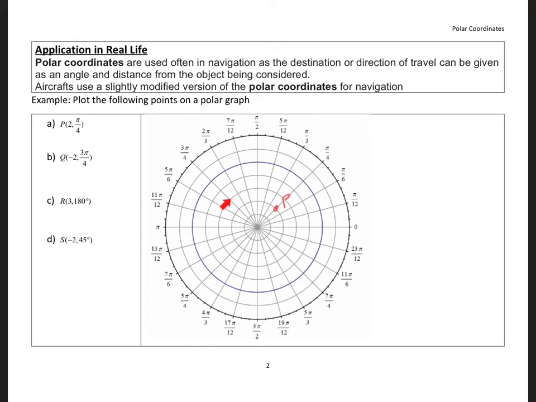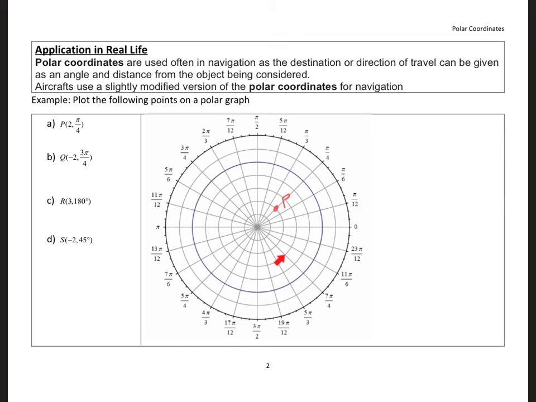So the radius is 2, 1, 2. But instead of going in the positive direction for a radius of 2, I'll go in the opposite direction. So the same angle, but I go in the opposite direction.